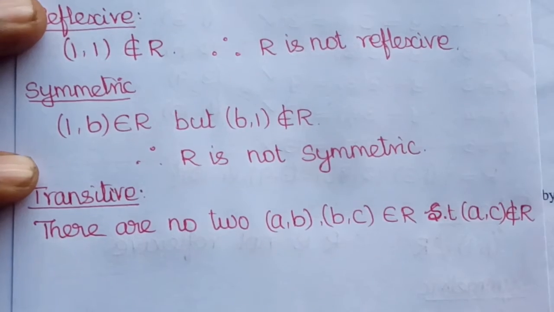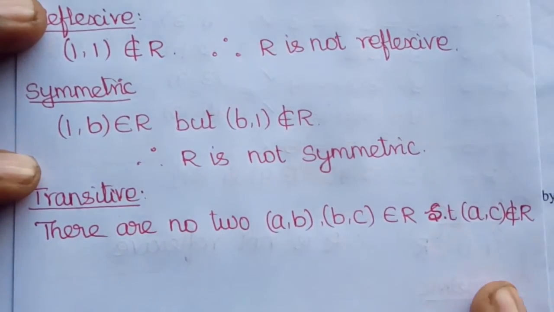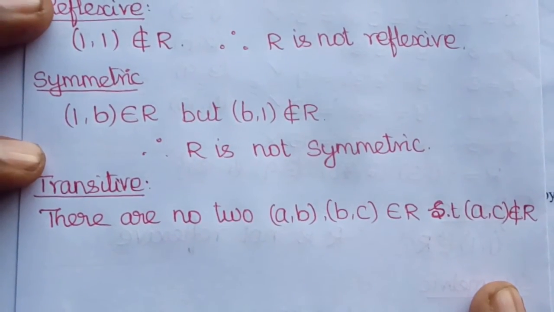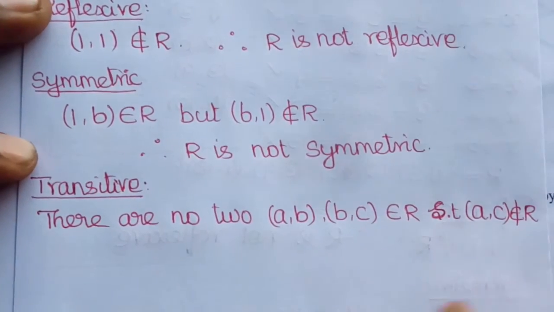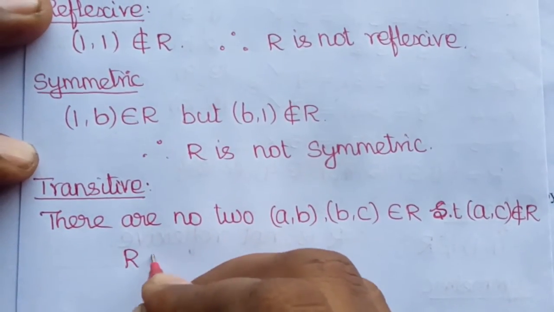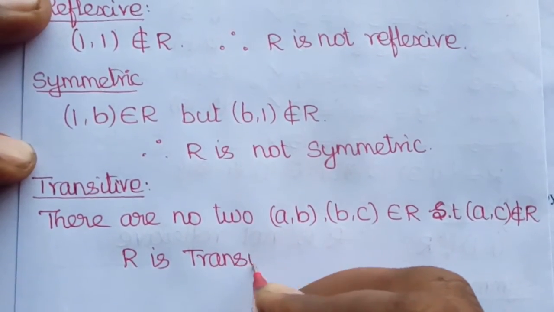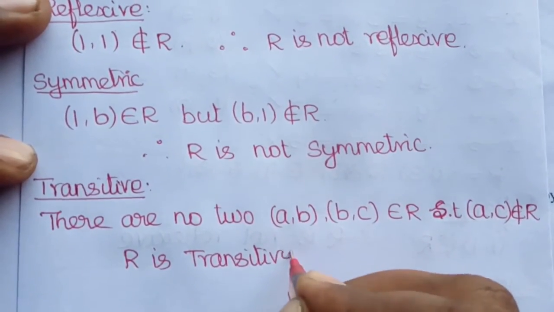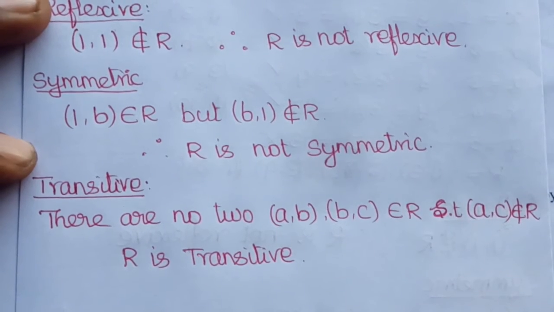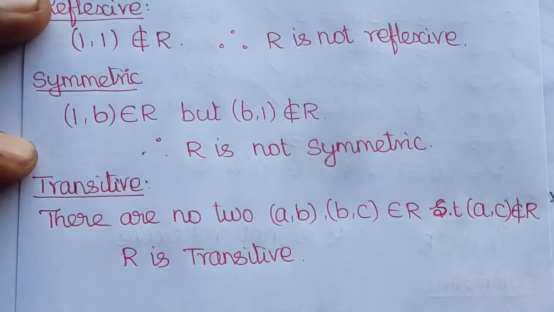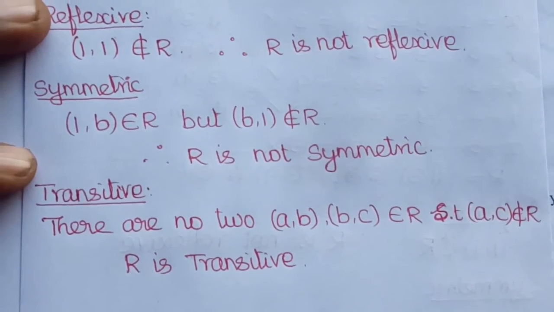Therefore, R is transitive. So the given relation is not reflexive, not symmetric, but transitive. So this is our second subdivision.